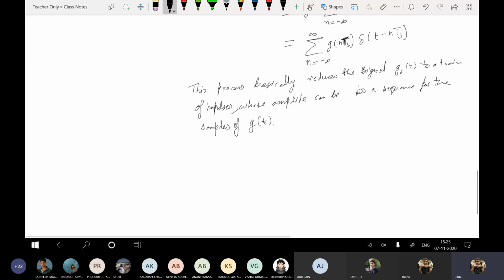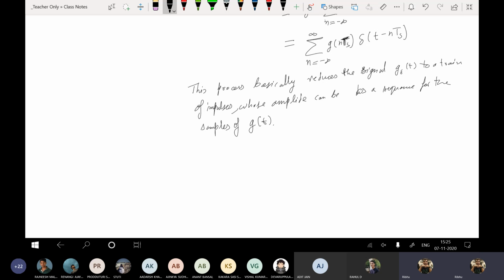So we get one condition: this is how we get the samples of g(t). We can convert g(t) from a signal or a waveform to a sequence.